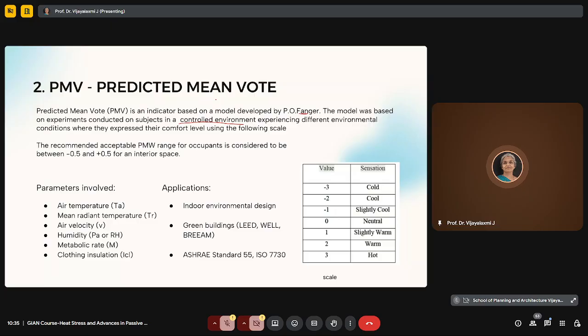When they were asked how they feel, their feeling or acceptable range of predicted mean vote of the occupant is considered, and based on that the standards have been evolved, or the parameters have been used.